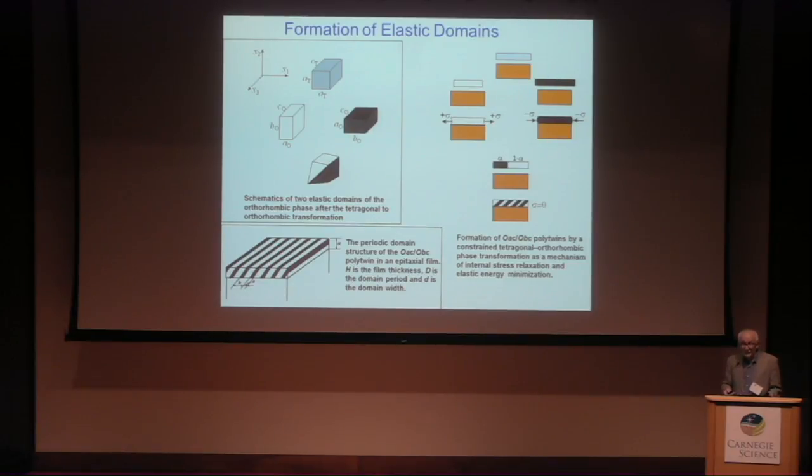After that, your film is completely compatible with the substrate. In principle you have the same sizes, but if you put it on the substrate, they can immediately interact with the substrate, and again you have stresses.